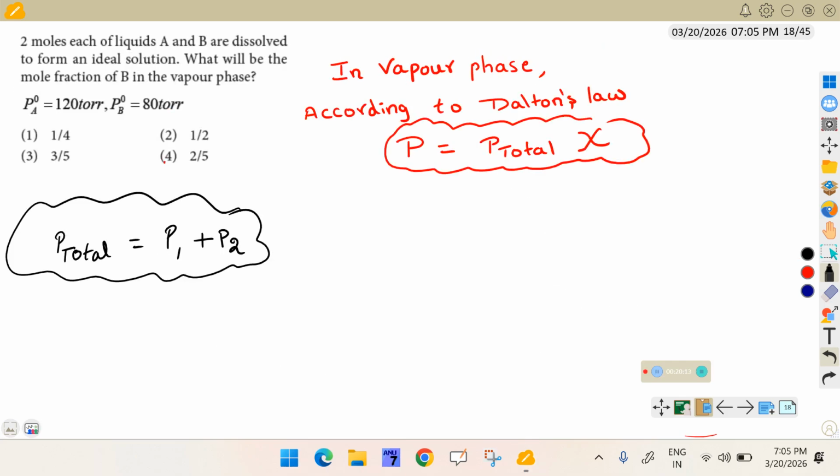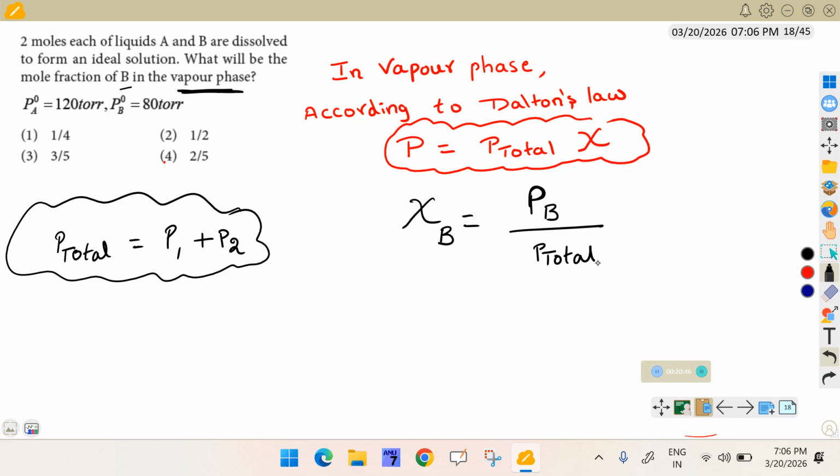2 moles each of liquids A and B are dissolved to form an ideal solution. What will be the mole fraction of B in vapor phase? In vapor phase, partial pressure is equal to total pressure into mole fraction. The question is to calculate mole fraction of B. Mole fraction of B is equal to partial pressure of B by total pressure.